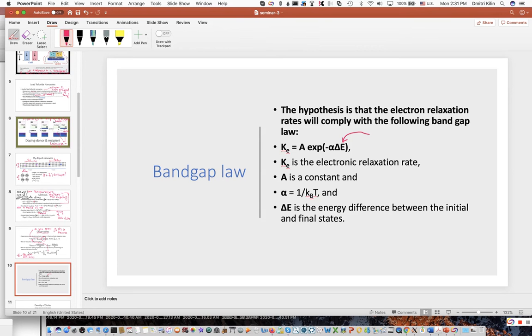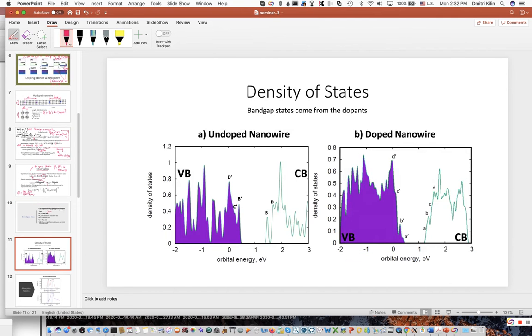Now on slide 11, we get into the actual results. On panel A, I have my undoped nanowire, and on panel B, I have my doped nanowire.